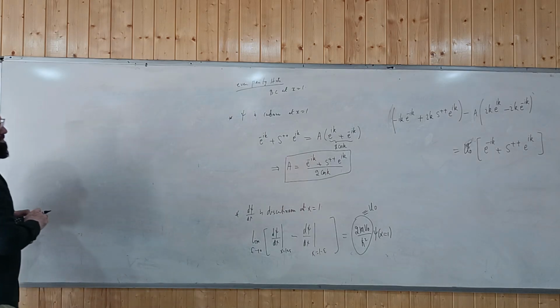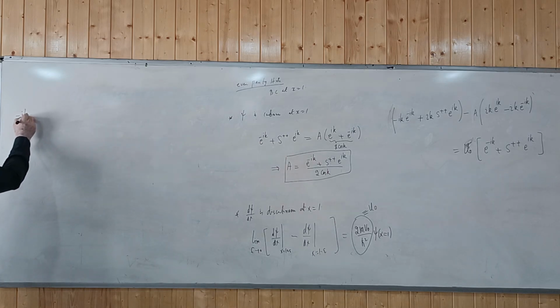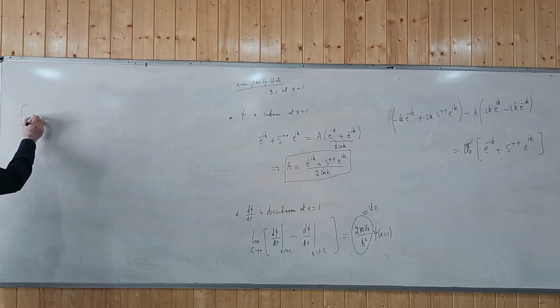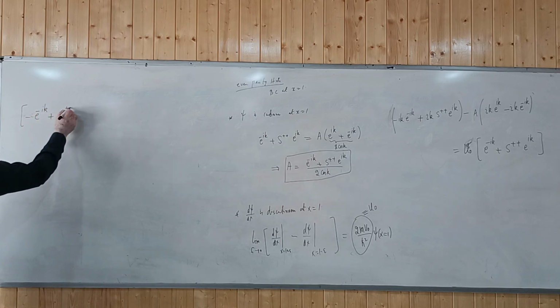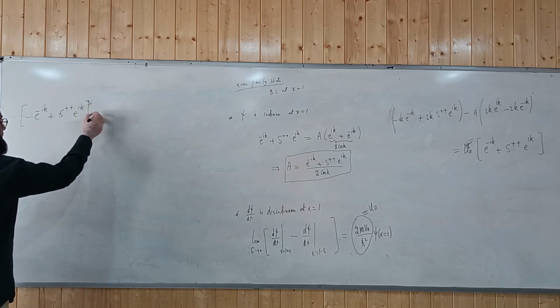Okay, so what you are having? So it's minus i k e raised to... let's take i k out everywhere. So it's minus e raised to minus i k plus s plus plus e raised to i k. Then you are having minus a.